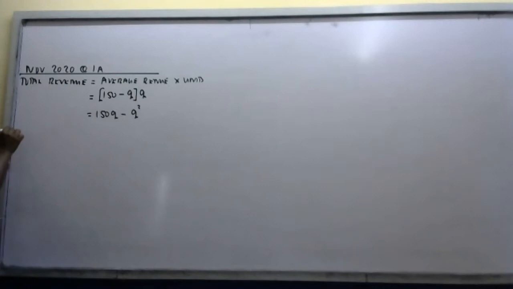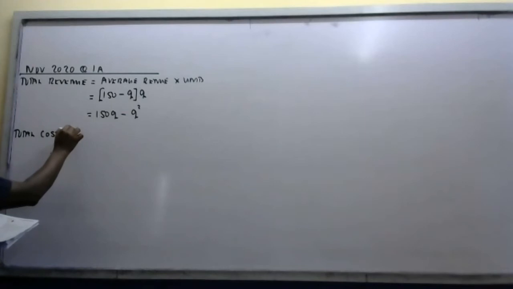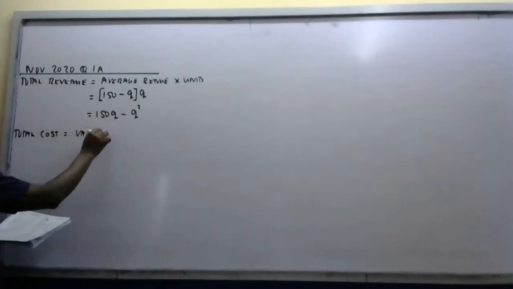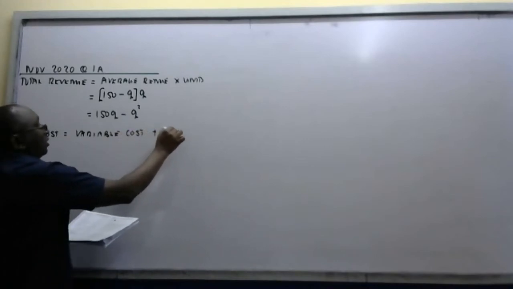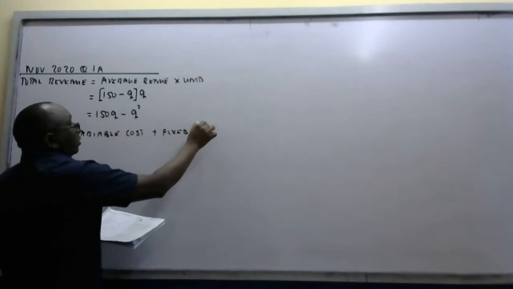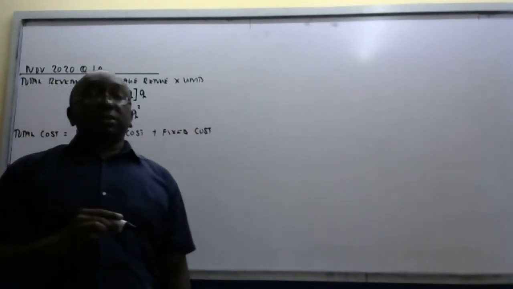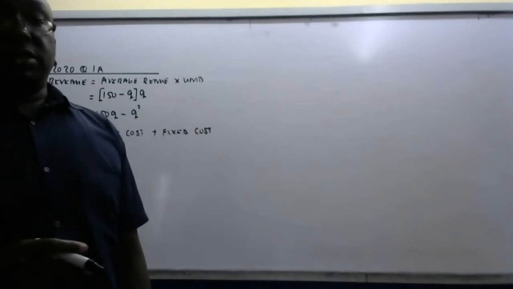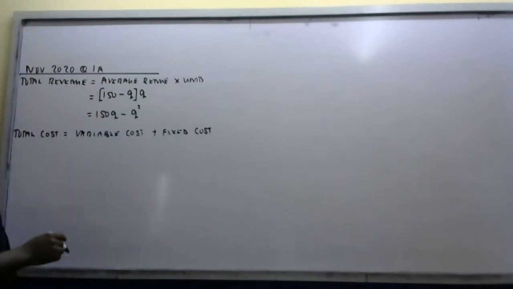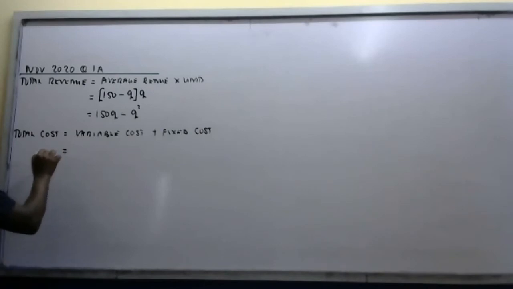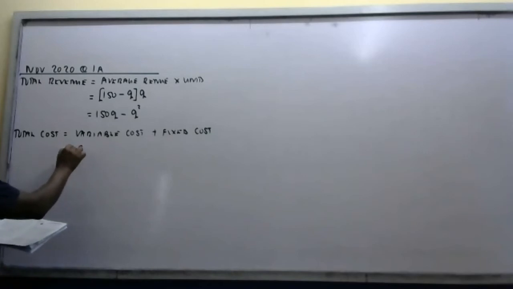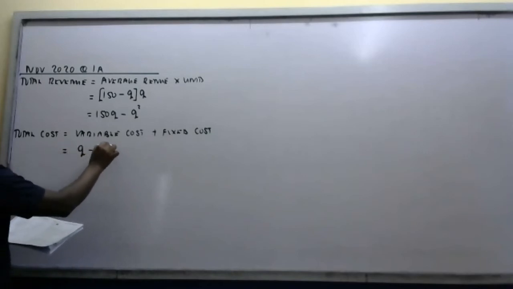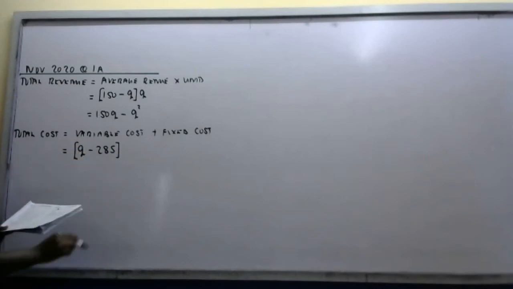Then total costs. Total cost is usually given as variable cost plus fixed costs. The variable cost is Q minus 285, and this variable cost is per unit.